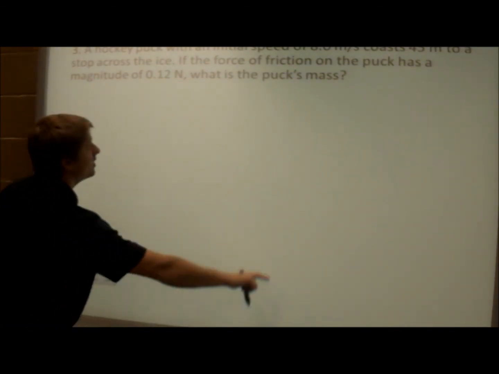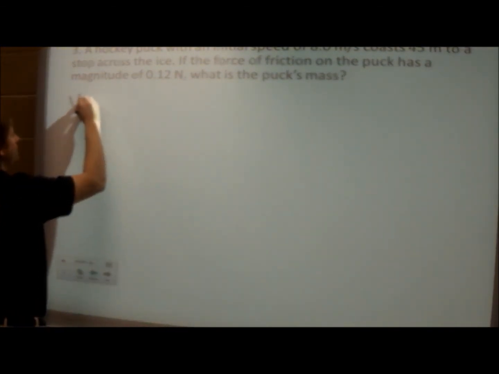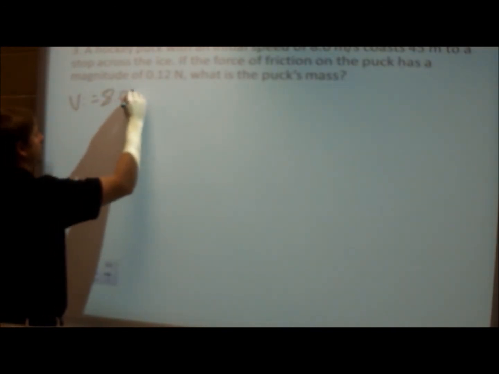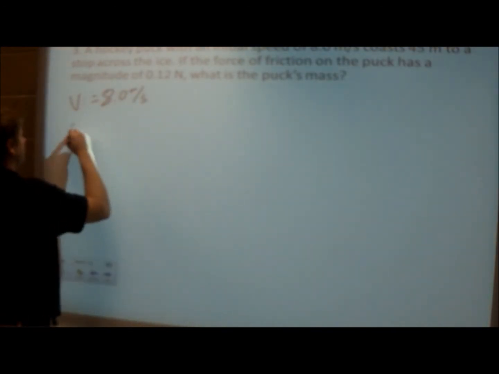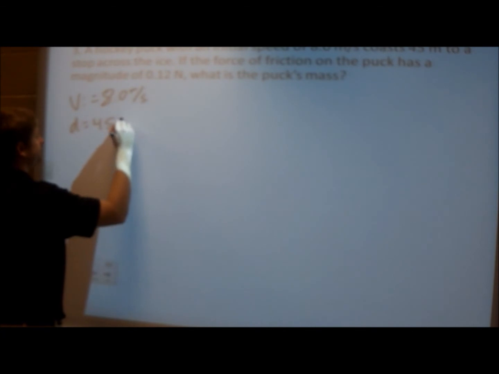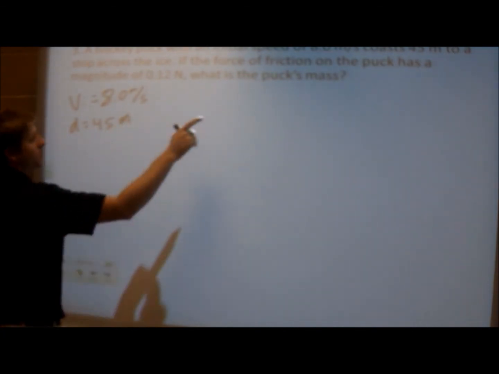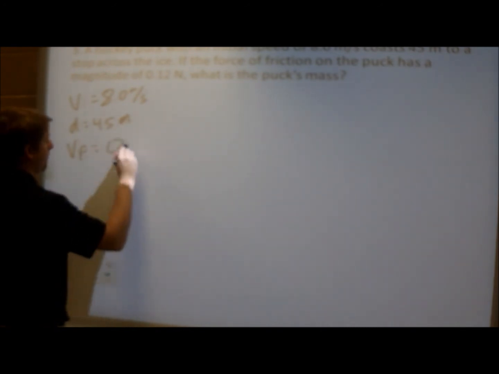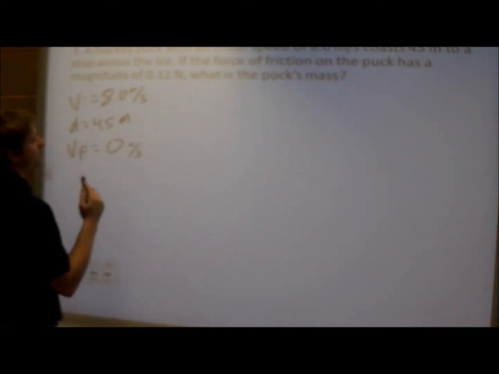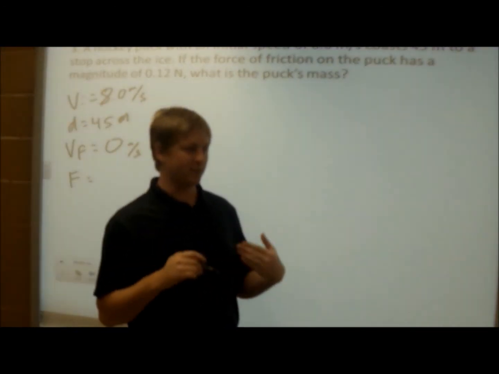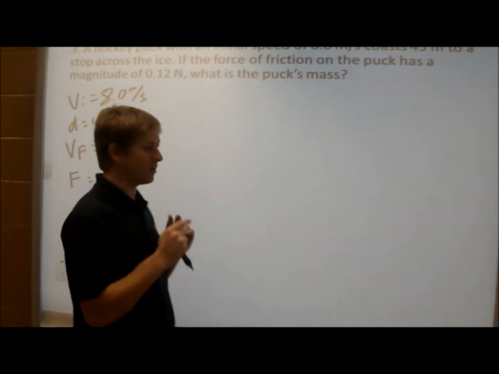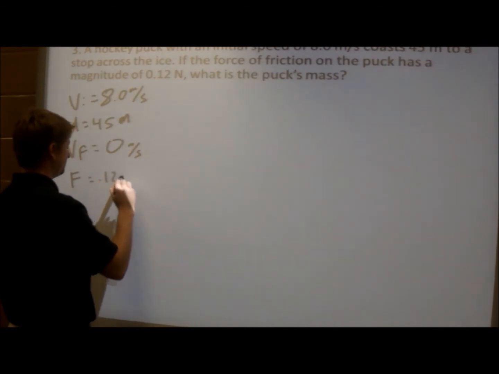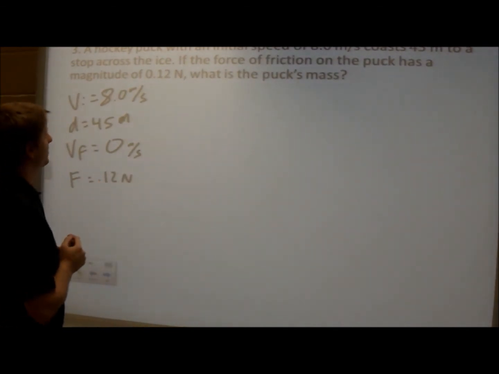All right, let's pull our variables out. We have an initial speed of 8.0 meters per second. We have a distance of 45 meters to a stop. That's the final velocity, 0. The force of friction, that's the force that's going to act on this puck. It's the force that's going to slow it down. It's 0.12 newtons. What is the puck's mass?